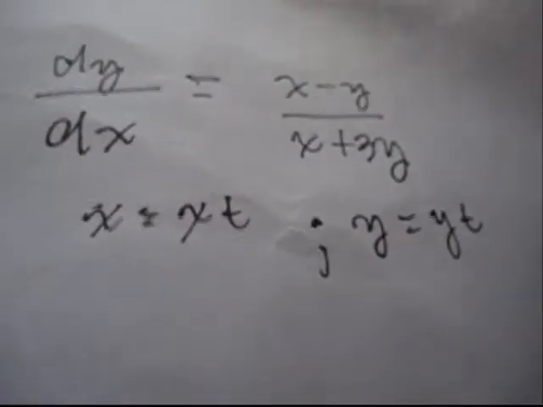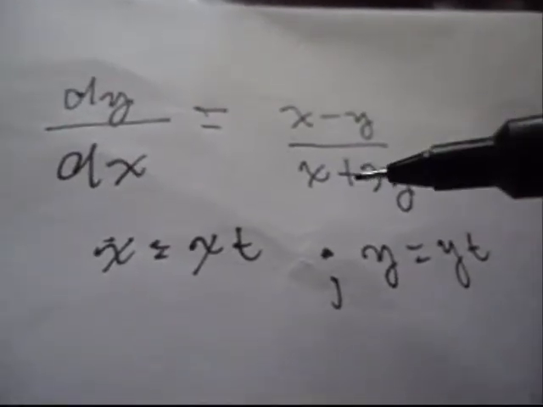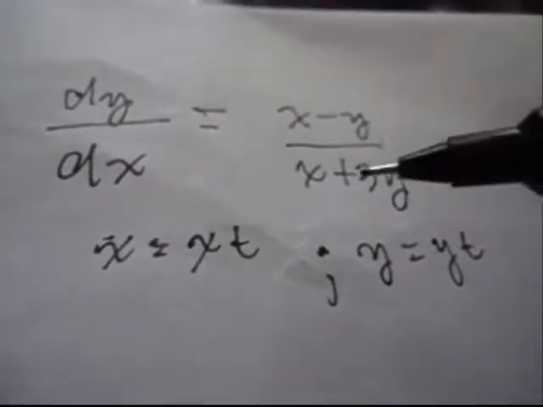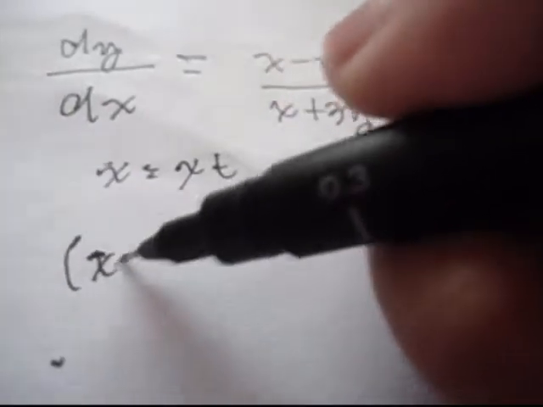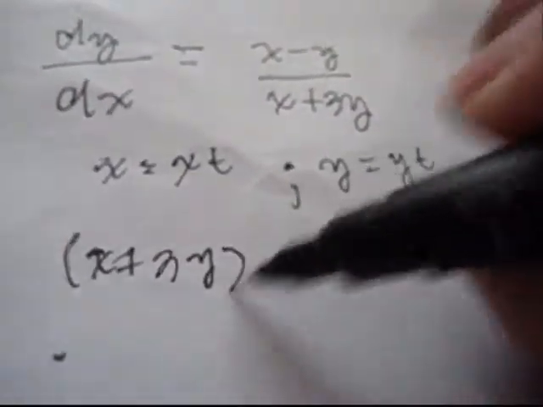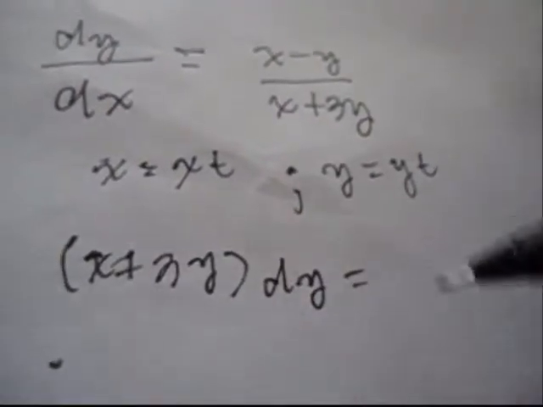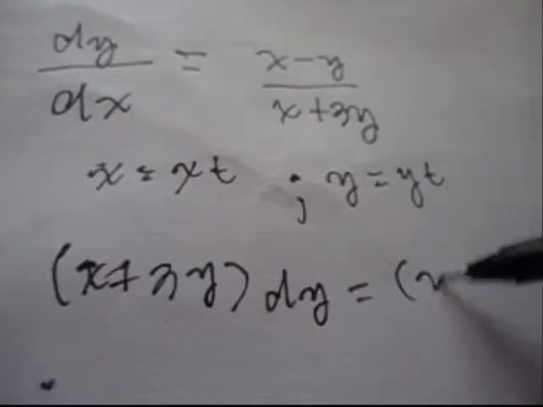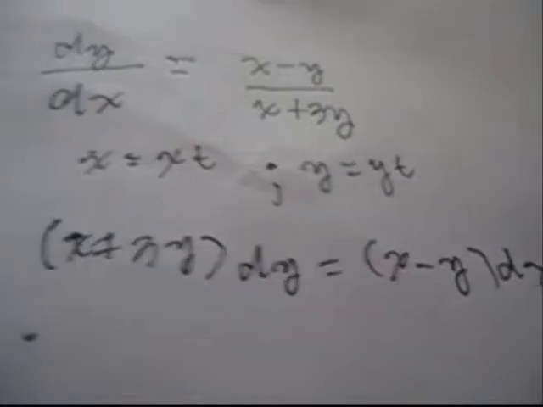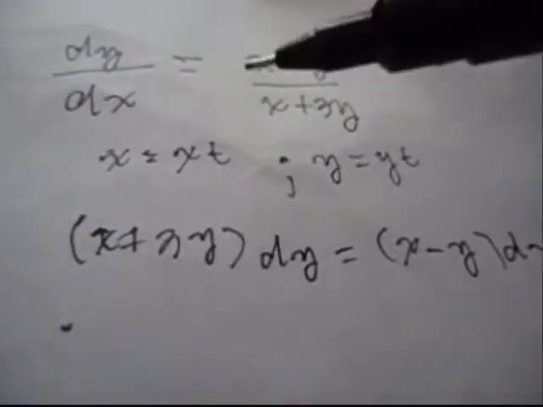Then in order to do this, we will separate, we will have x plus 3y dy equals x minus y dx. Then we substitute the value xt and yt.